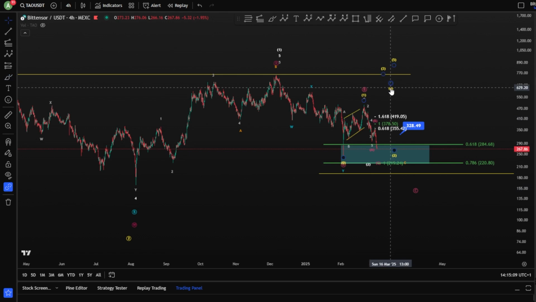Looking at this impulse, it is not really nice.